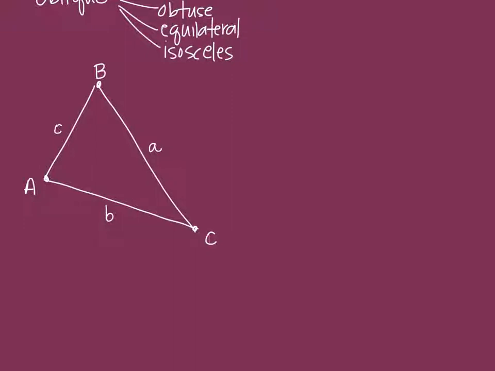When you notice you're using a triangle that doesn't have any 90-degree angles, it's like when you see a right triangle, you automatically know that it's going to be Pythagorean theorem or SOHCAHTOA. For an oblique triangle, you automatically know that the following is true.